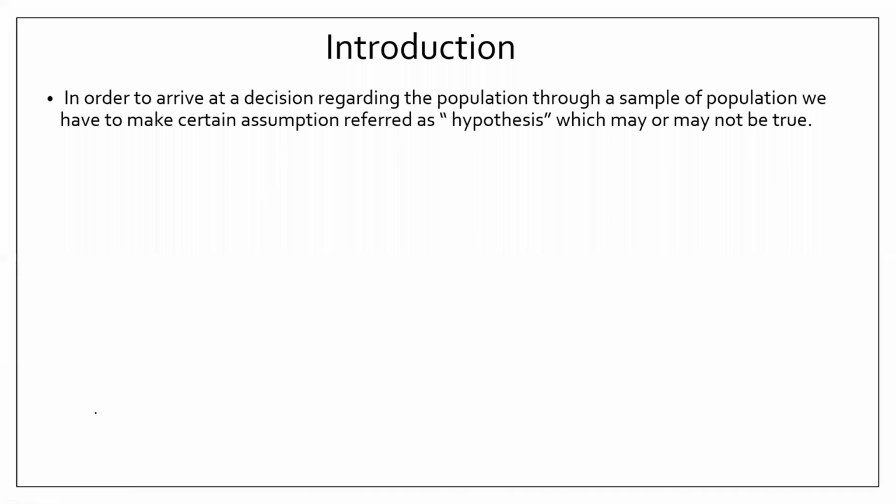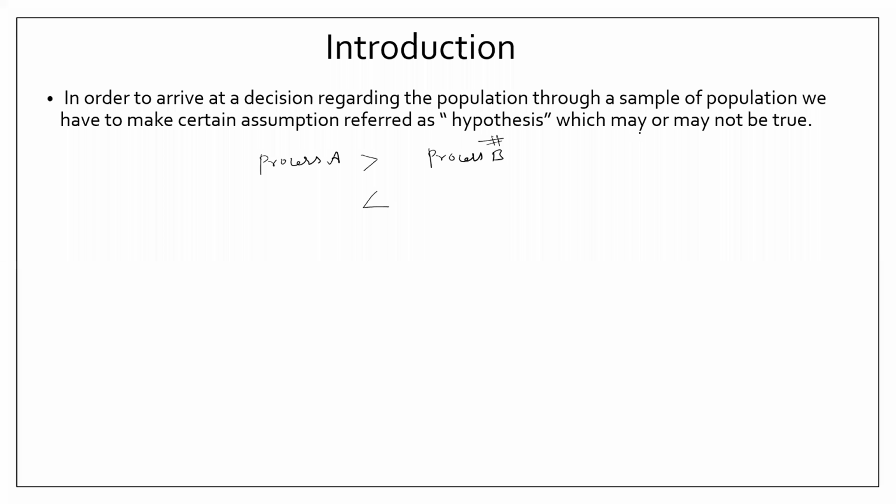If I put it in a simpler way, let's say you have a process A and you have a process B, two processes. You want to check whether process A is superior to process B, or process A is inferior to process B, or whether there is any difference between process A and process B. To test something like that, we always make use of hypothesis.